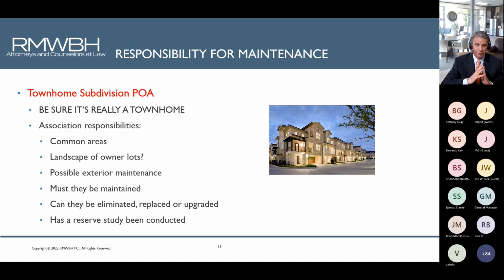What is the association's responsibility? Making sure, again, a reserve study is done, but a reserve study can only opine to an association what is ultimately their responsibility first. From there, come up with a dollar value, right? So any questions that come up in that regard, you're encouraged to reach out to counsel to make sure that you're getting those answered before an issue arises.